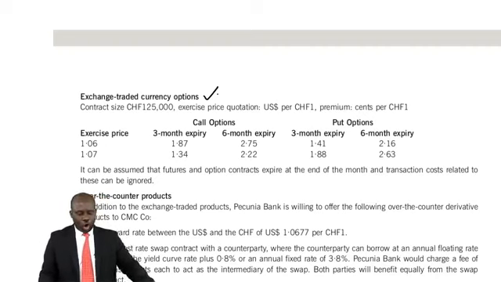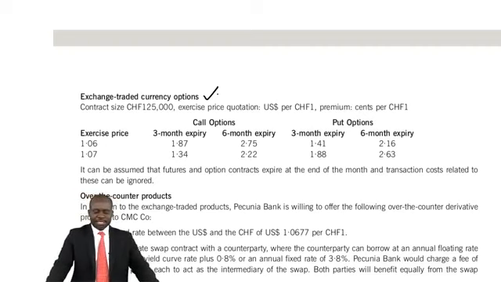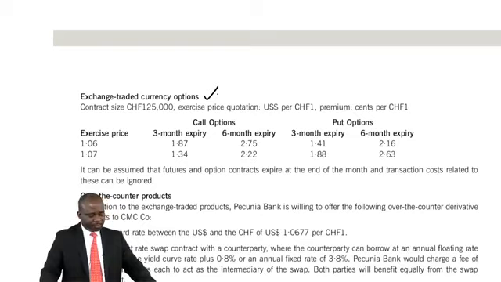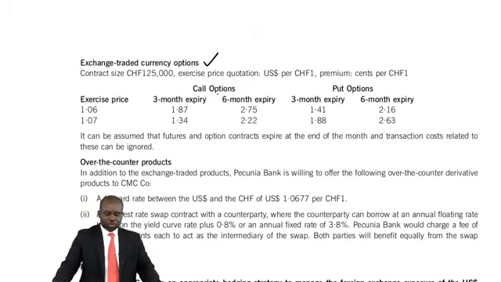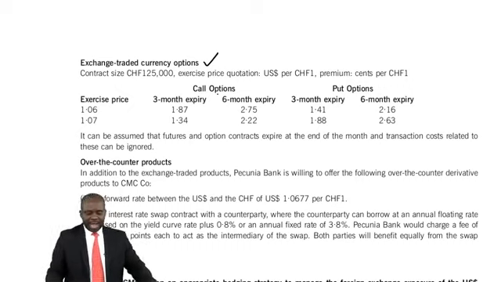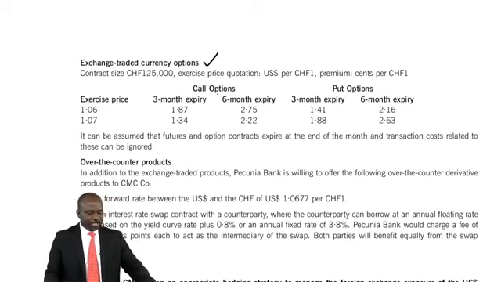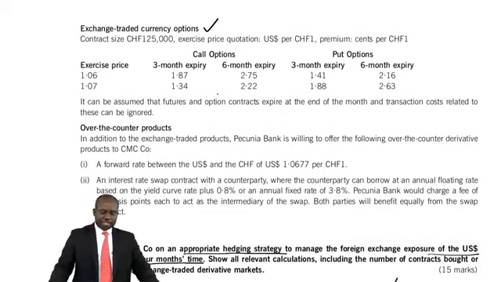Call option, put option, exercise price, 3 month expiry, 6 months expiry. It can be assumed that futures and options contracts expire at the end of the month, and transaction costs related to these can be ignored. Over-the-counter product.